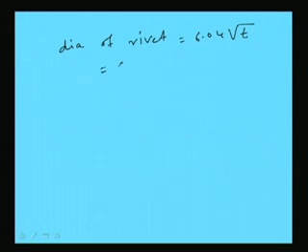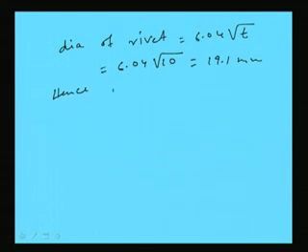So, this will become 6.04 into thickness as 10 mm. So, this is becoming 19.1 mm. Hence, we can provide 20 mm rivet. So, in this way also we can decide the diameter of a rivet. Otherwise, we can just approximately assume some 20 or 22 or 18 or something.